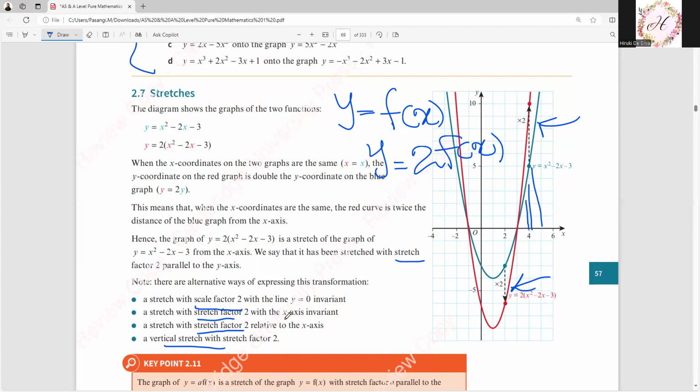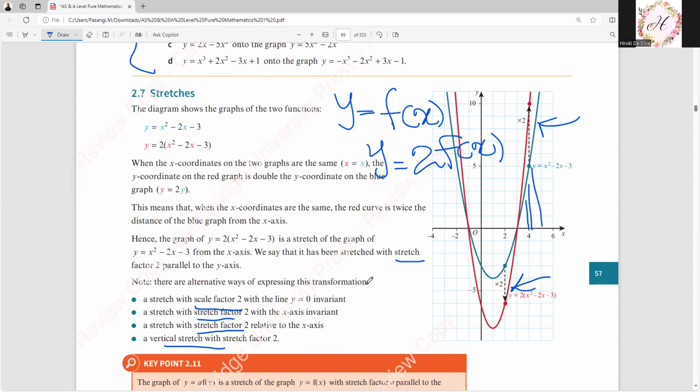Teacher, what does invariant mean? Let me explain invariant with an example. Invariant means it's not changing, without any changes.